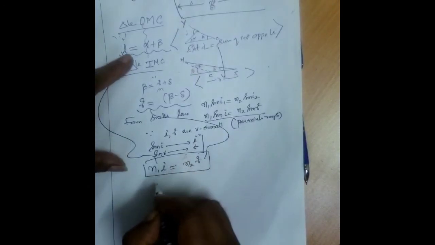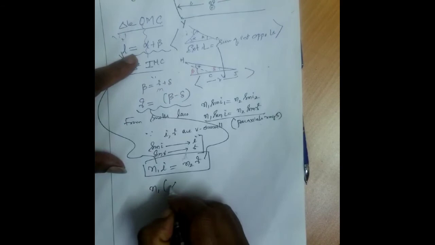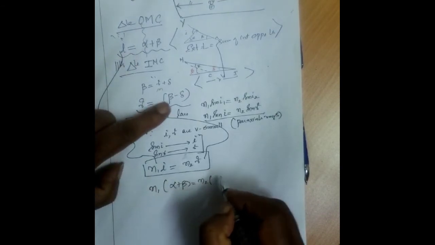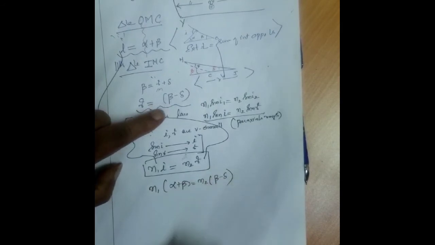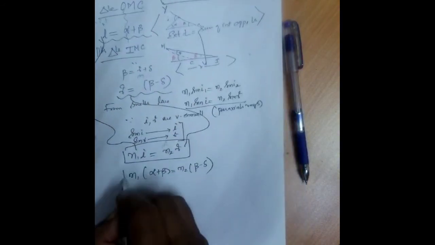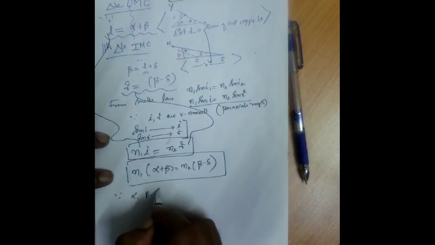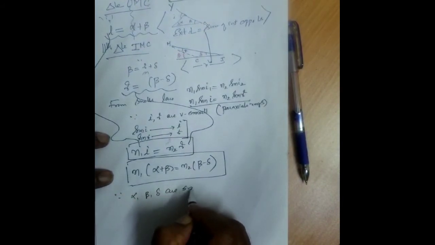What do you get? N1 times alpha plus beta is equal to N2 times R, which is beta minus delta. Is it clear? Now, alpha, beta, delta are small.